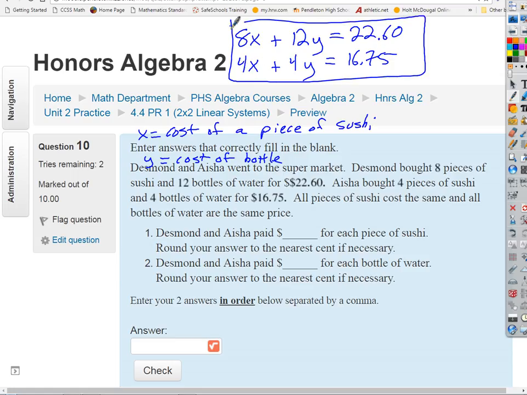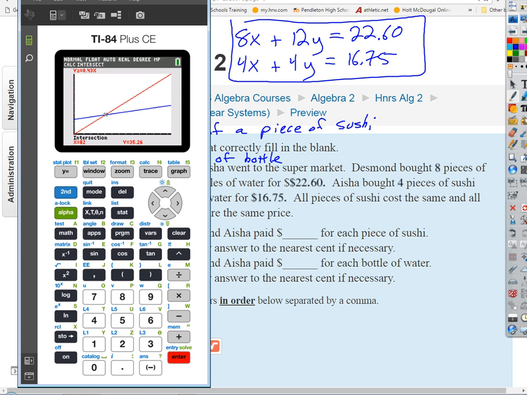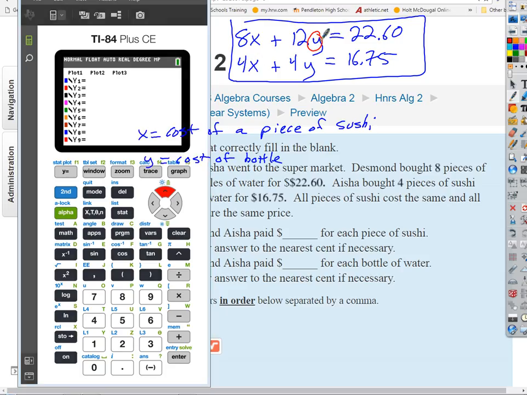And once again, we're just going to do this on our calculator. In the first one, we're going to isolate y.